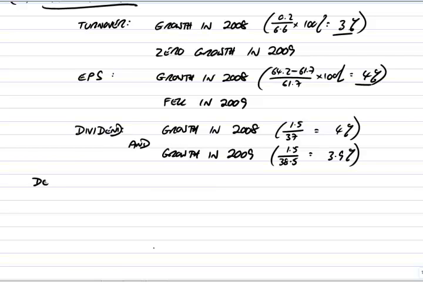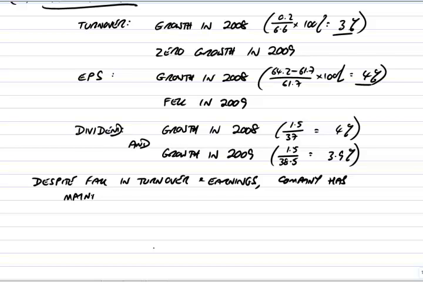Now that's worthy of comment, that despite the fall in turnover and earnings, the company has maintained dividend growth. Now that's a fairly common policy. Companies, to keep shareholders happy, like to have consistent growth in dividend, and that's fine for the short term.